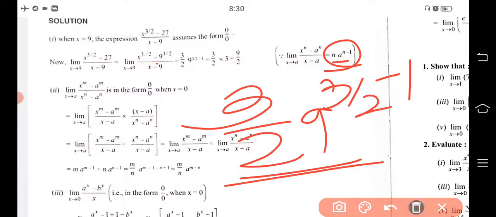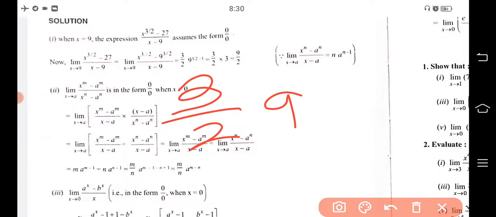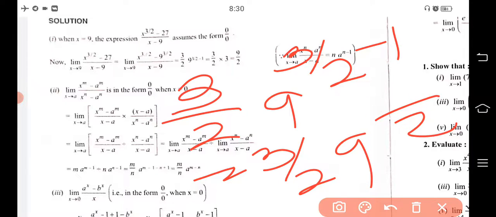After solving, what are you going to get? We get 3 by 2 times 9 to the power of 3 by 2 minus 1, which is 3 by 2 times 9 to the power of (3 minus 2) over 2.